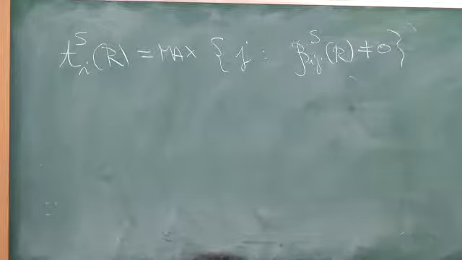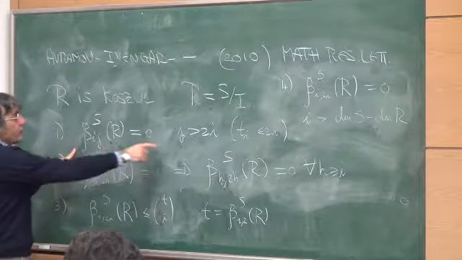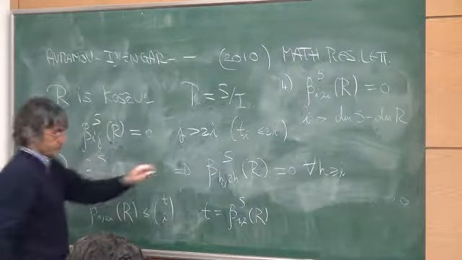We may rewrite this bound by saying t_i is at most 2i, the largest degree of the syzygies in the homological position i. So here we are saying if you are above 2i, you get 0.